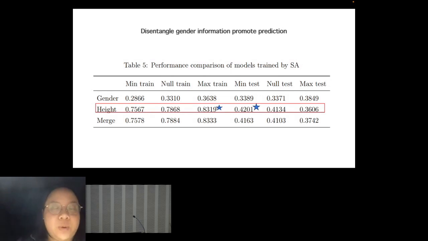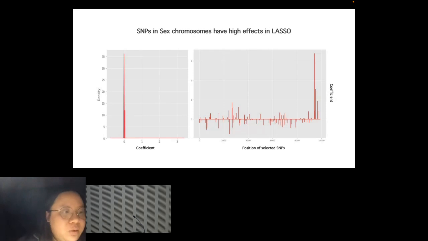So we need to consider another way to get a more informative representation of the confounder variable, and then design another method to disentangle it.